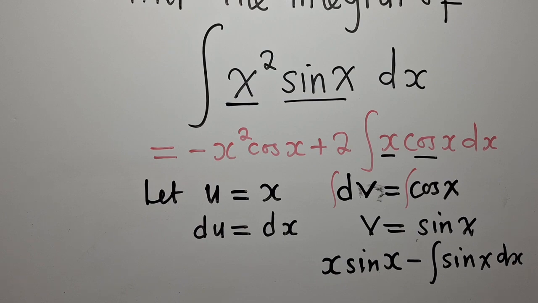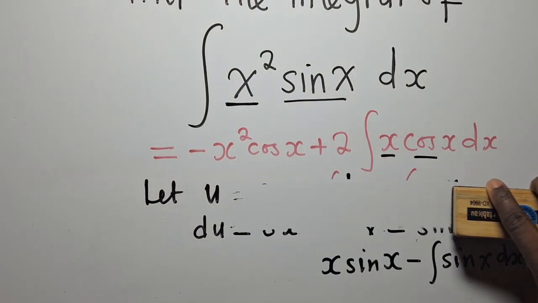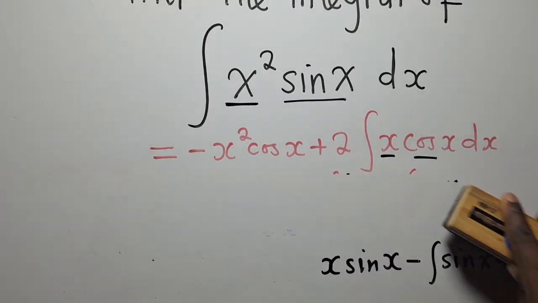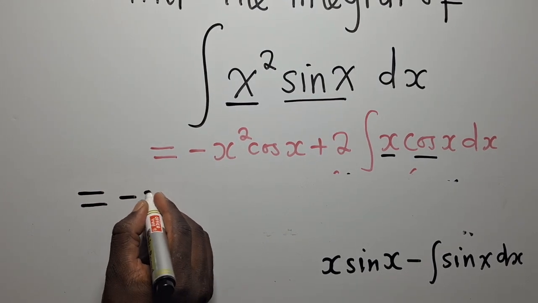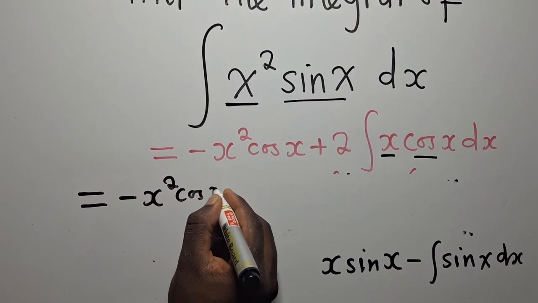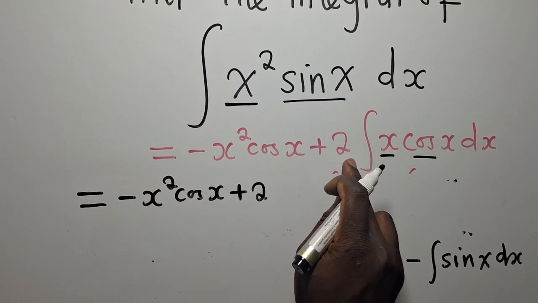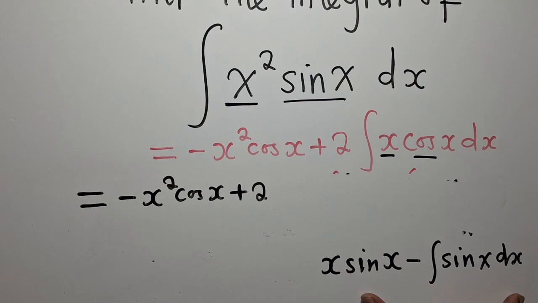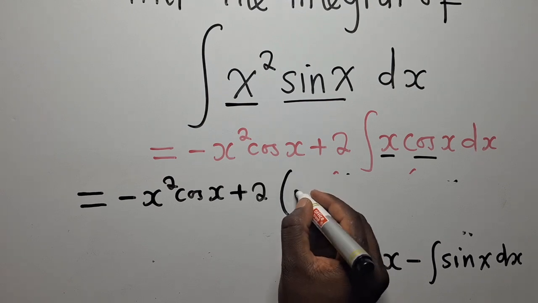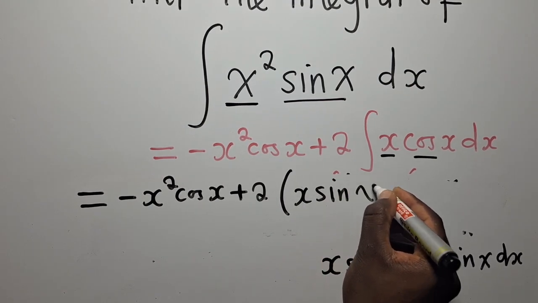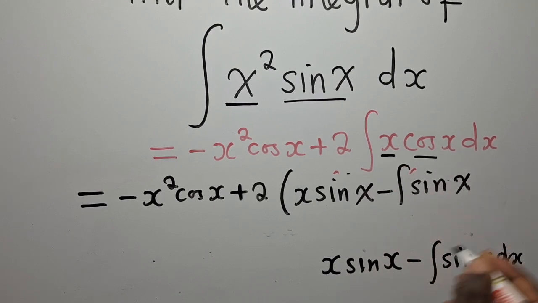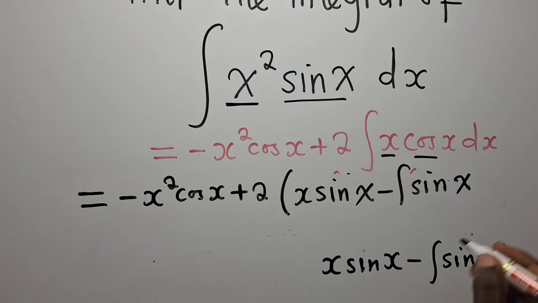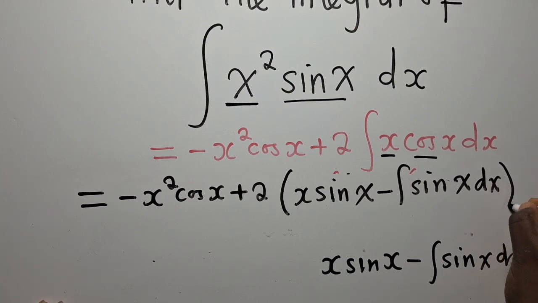Okay? So now, let me write it here so that we don't miss the step. So here, we've got negative x squared cos x plus a 2, this 2. And the integral of this is what we have right here. So it will be open bracket, because we need to multiply by 2 everything. X sine x minus the integral of sine x dx, we even close.